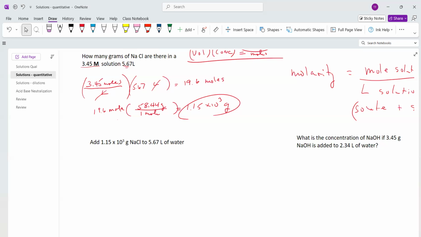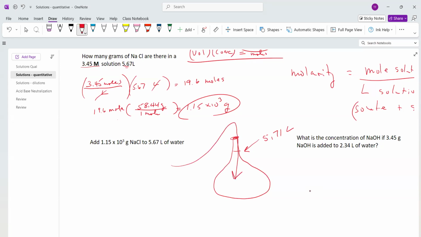Okay, first thing we're going to do is usually we use something called a volumetric flask, and it looks like this. They're kind of cool looking. And there's a mark on there, and that mark is going to correspond to 5.67 liters. So first, we put in here the dry ingredients.